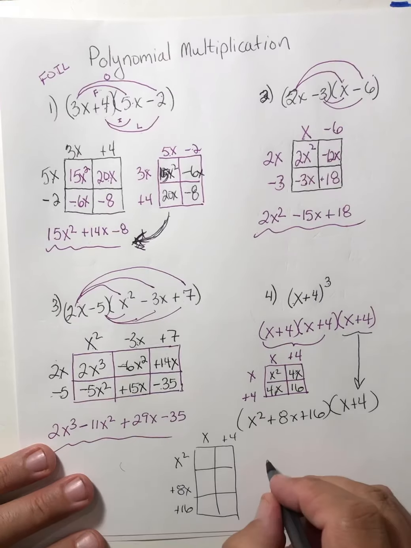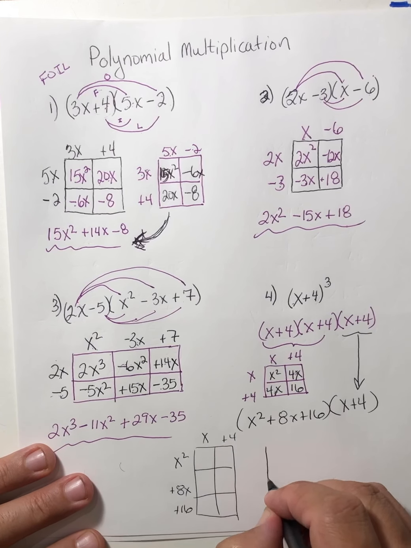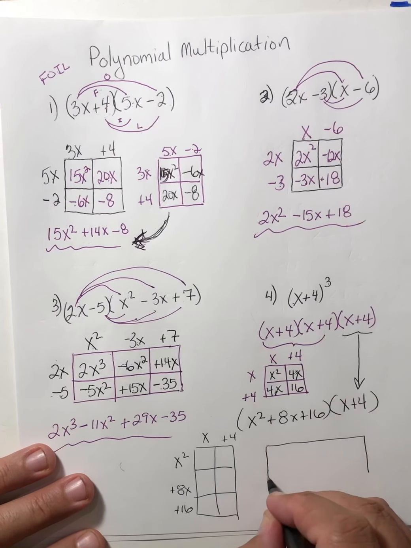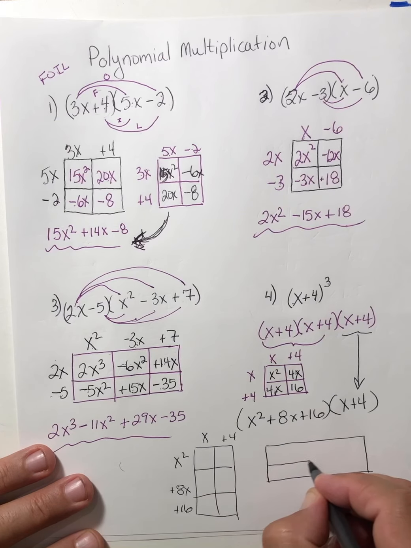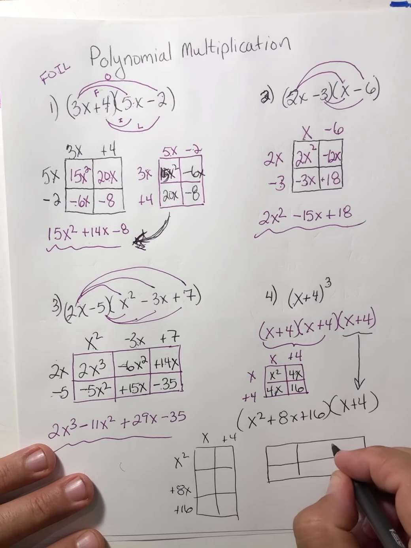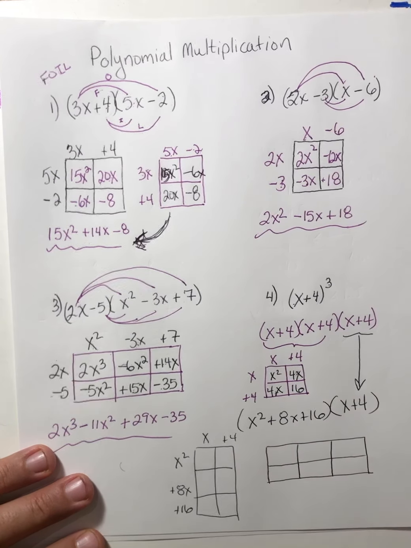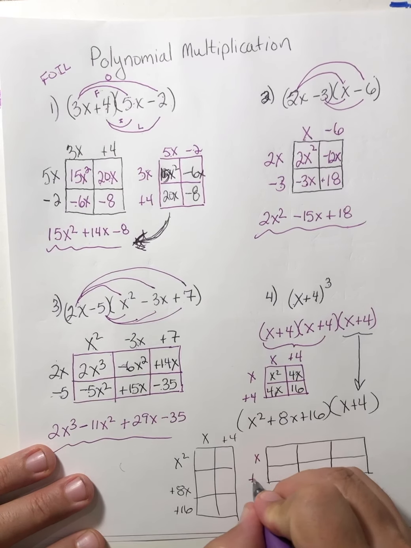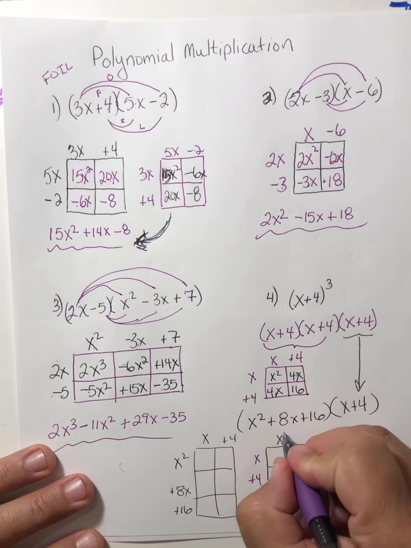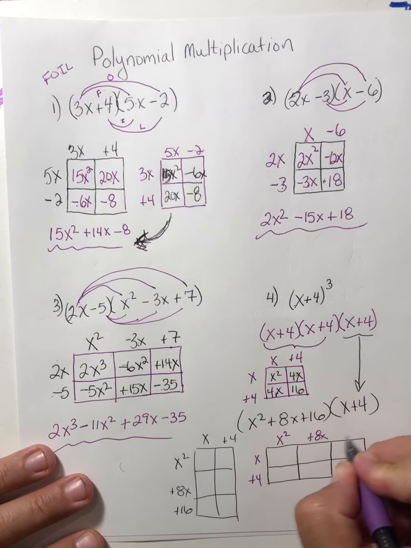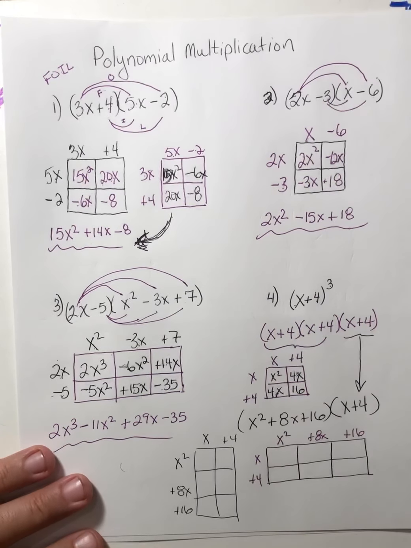It's just me. But it does not matter. You will have the exact same answer. So I'll put my x plus 4 here, and then my x squared plus 8x plus 16.